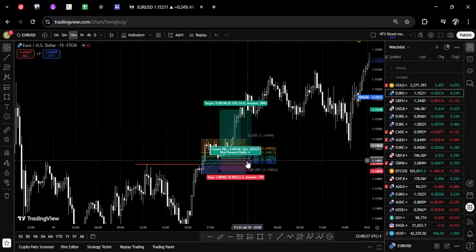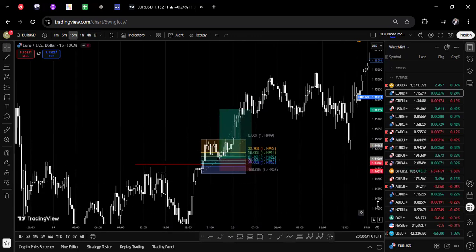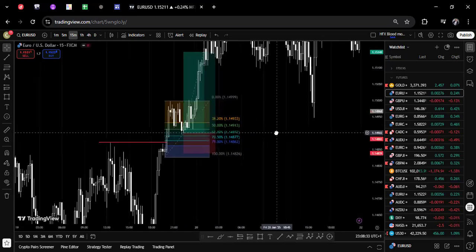And once it comes in, remember you are just depending on your risk. Let's say you're risking 1% of your account, or let's say you're risking 10% of your account. You have $10. You want to risk $1.